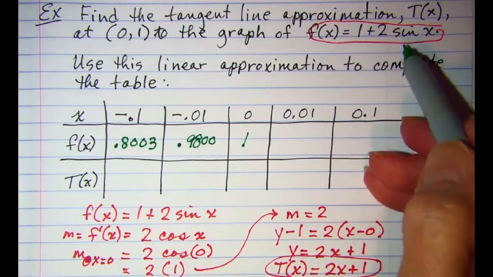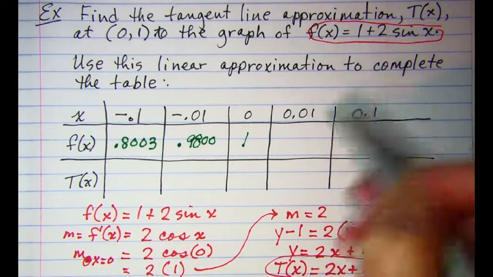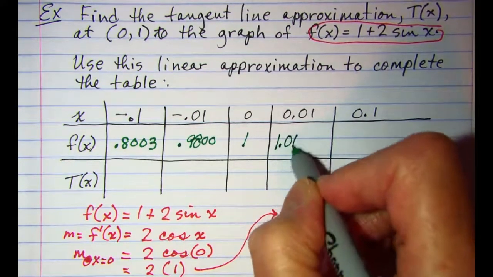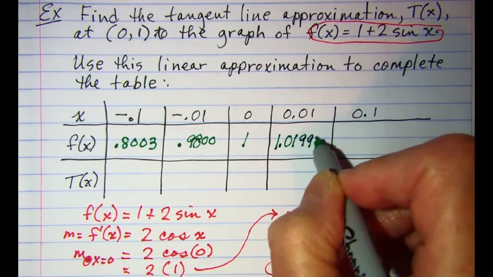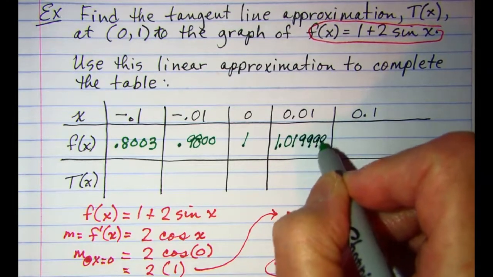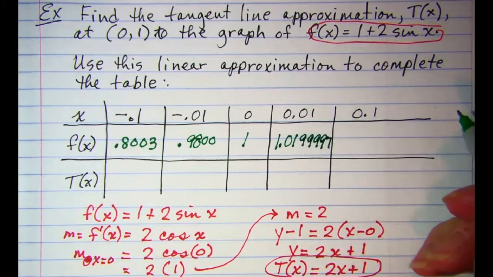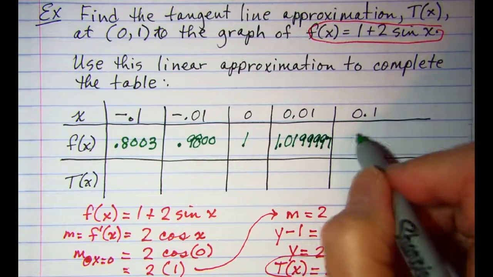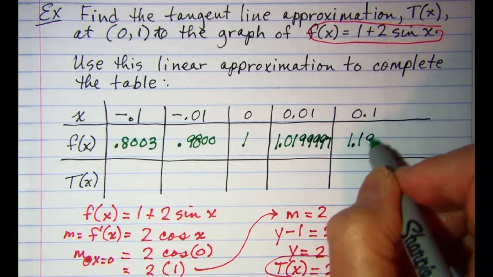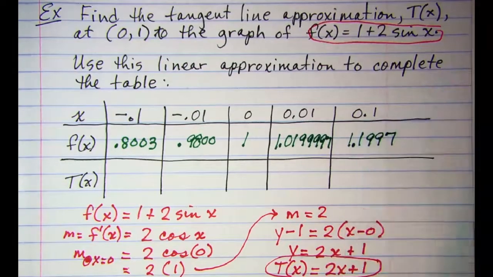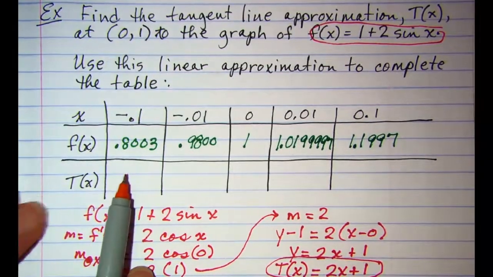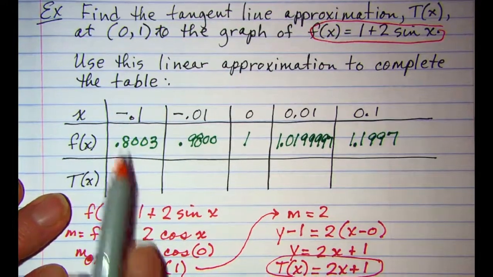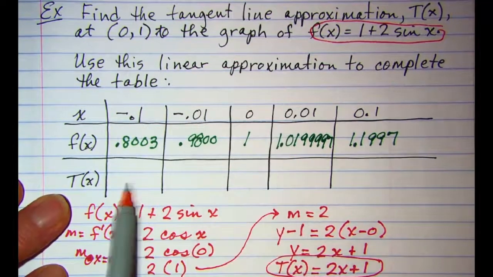When we put 0.01 in for x, we get 1.0199997. And when we put 0.1 into our function, we get 1.1997. Now let's calculate our value of our tangent line at each of these x values.